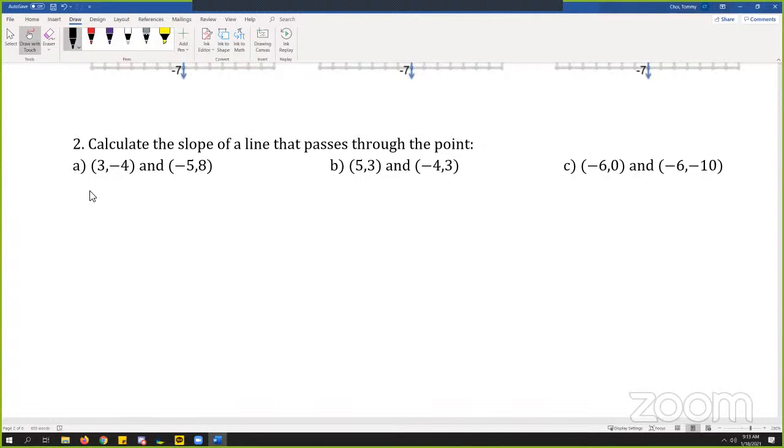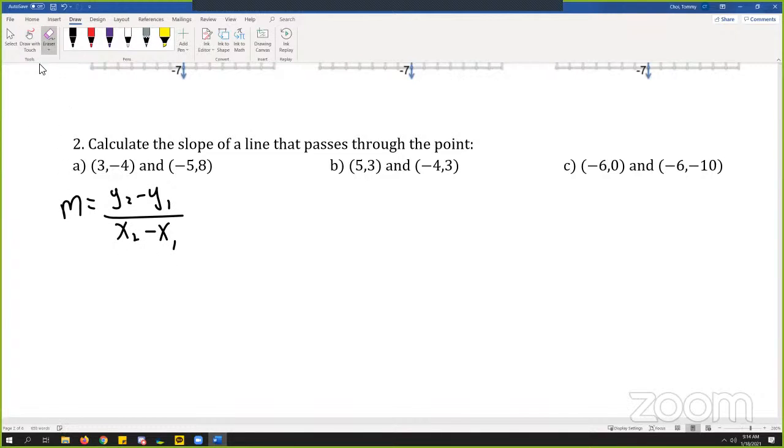The reason why we're doing this is because the question on the test is going to be, hey, here's 2 points. Can you find the equation of the line? That's usually what we're working with here. And so you should be able to calculate the slope using the slope formula. The slope formula is m is equal to y2 minus y1 over x2 minus x1. That's our main thing here.